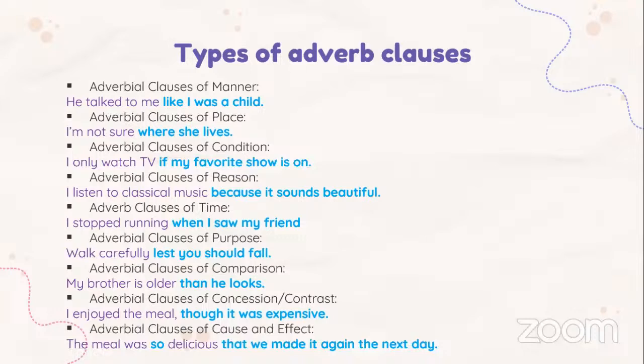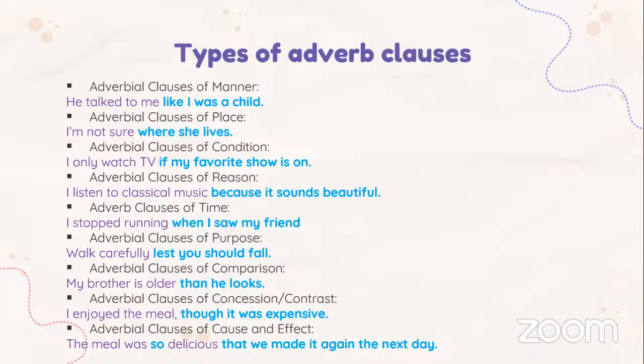Number 3, adverbial clause of condition. Conditional adverb clauses play out the potential outcomes of a situation and use subordinating conjunctions such as if, provided that, unless, and lest.